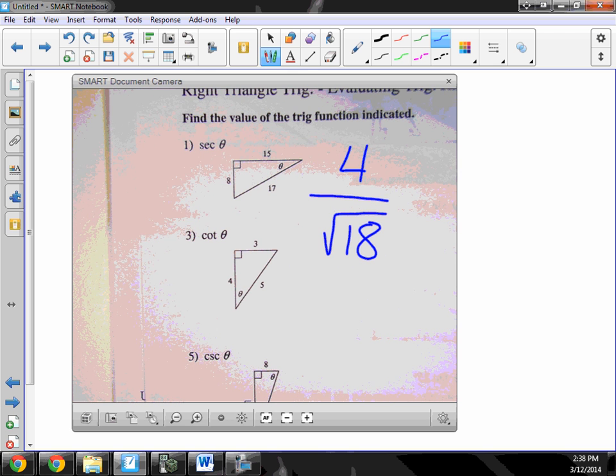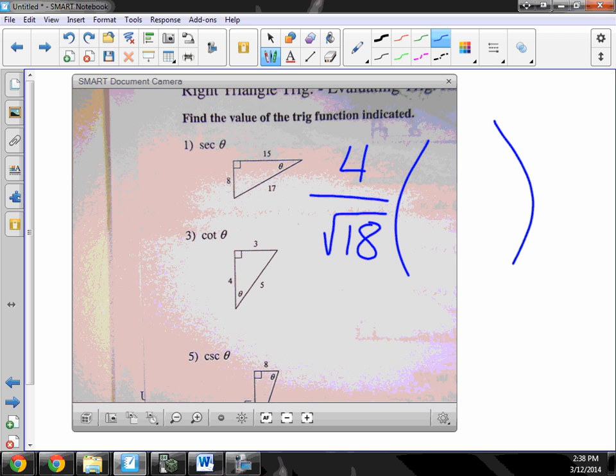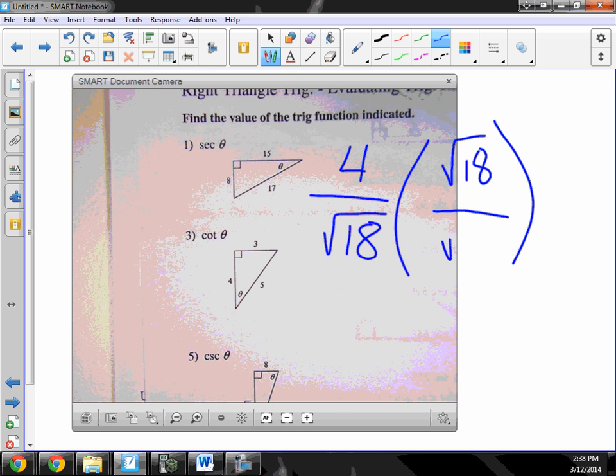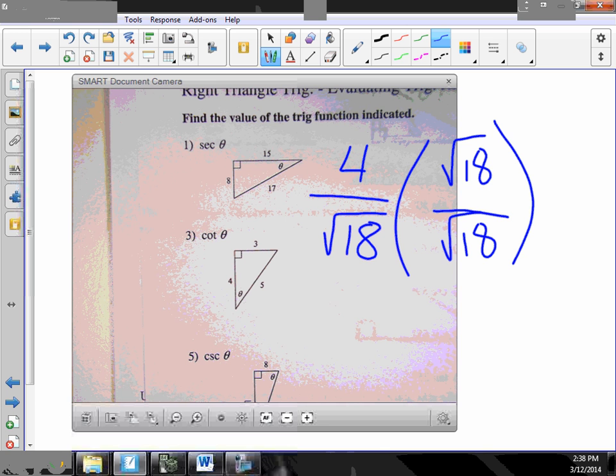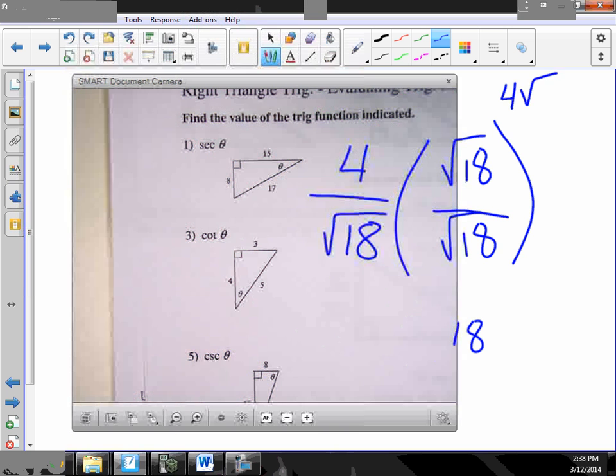But what is the only number I can multiply by and not change anything? 1. So I need to multiply this by 1. And the one I'm going to pick is the denominator over itself. So root 18. What is the square root of 18 times the square root of 18? 18, right? Because it's the square root of 18 squared. So I get 18 in the denominator. Well, the top is 4 root 18.